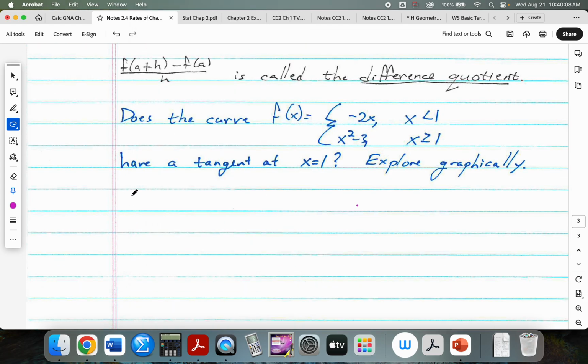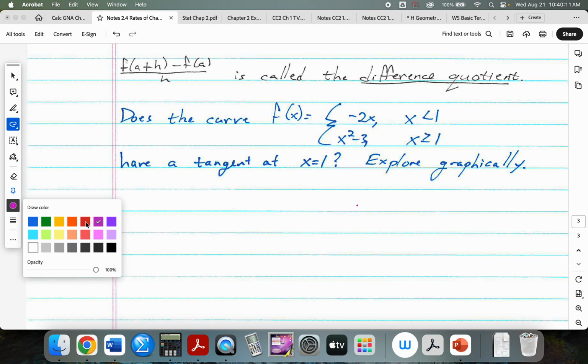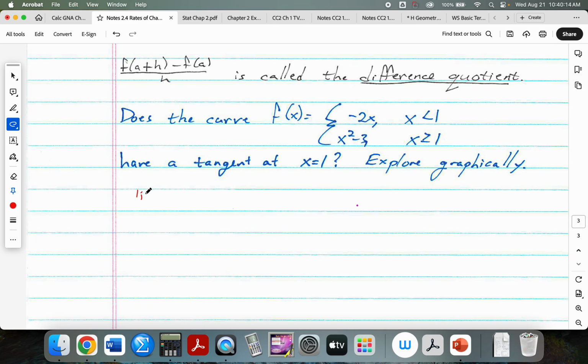So, if I take the limit as h approaches 0 from the left of the left-hand branch, I'm going to be using the negative 2x. So that's going to be negative 2 times x plus h minus negative 2 times x, all over x plus h minus x.